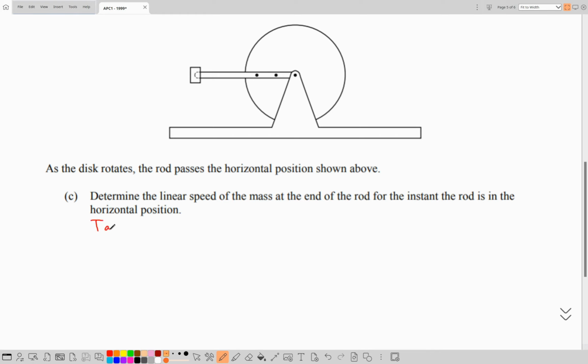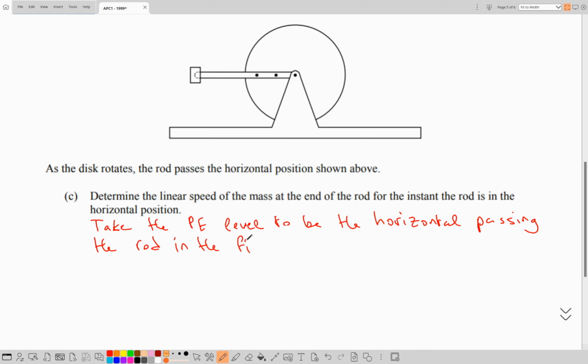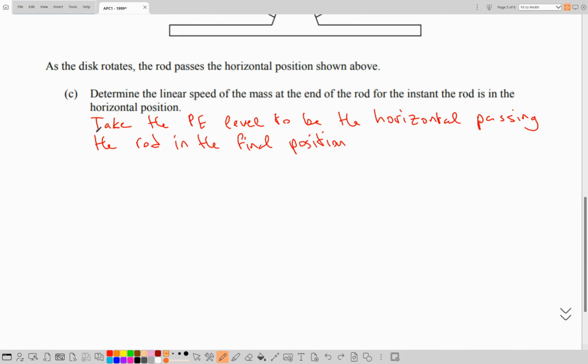For that, let me take the PE level to be the horizontal passing through the rod in the final position. And now we're gonna apply conservation of energy.